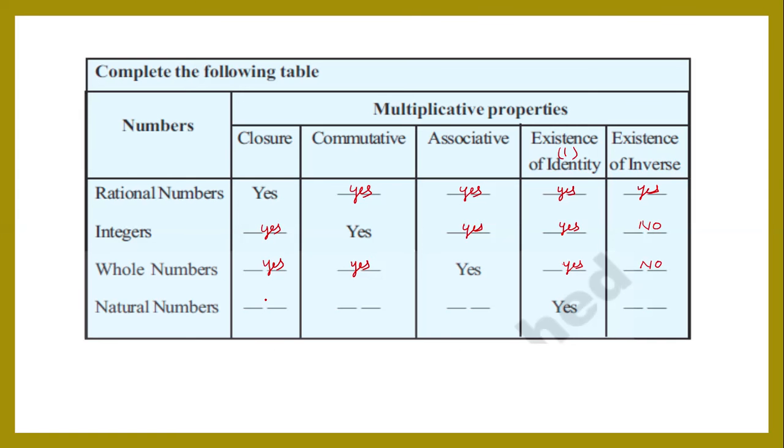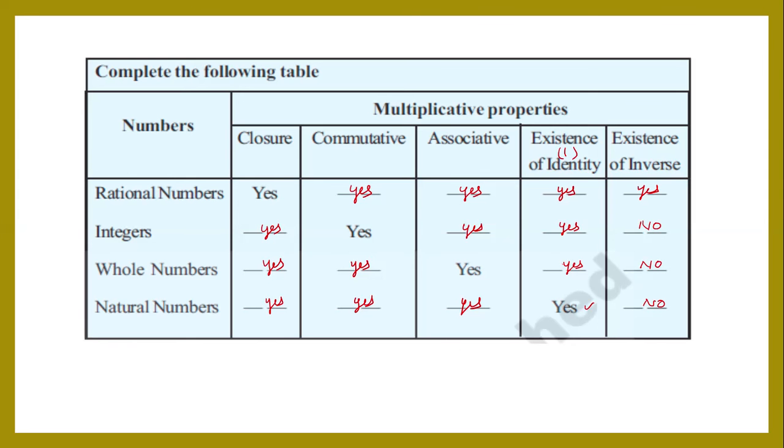The natural numbers are closed under multiplication, commutative, associative, and the existence of one is also yes, but for the existence of inverse, the natural numbers do not have reciprocals, hence you write no.